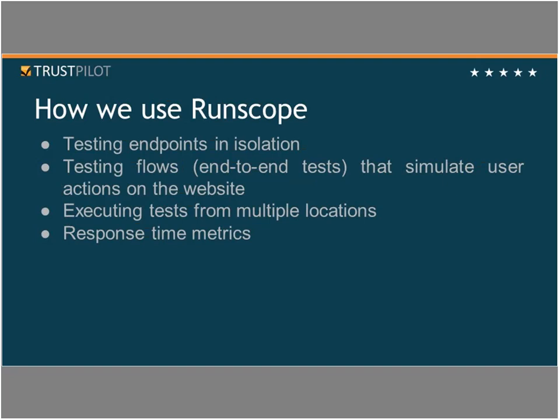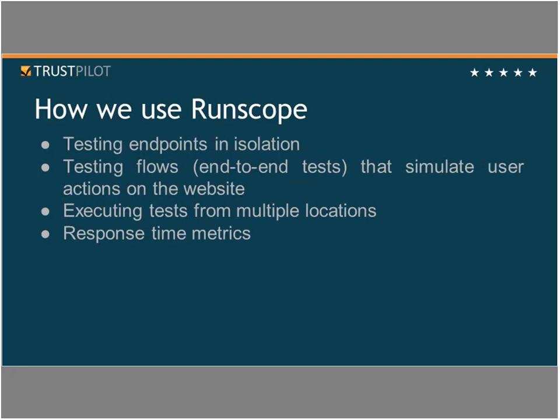We are doing 4 main things in Runscope, and the first is testing API endpoints in isolation. We try to isolate API tests as much as possible, so that whenever something is failing, the exact team knows what is failing and why.